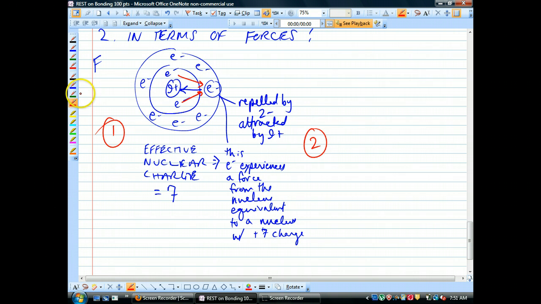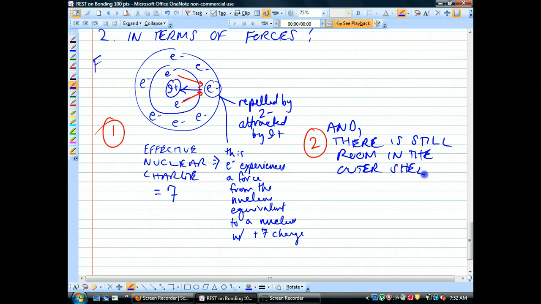Step 2 says there is still room in the outer shell. So in other words, there's a really strong attraction for electrons. This atom has a really strong attraction, and there's still room for it to suck an electron into the outer shell.